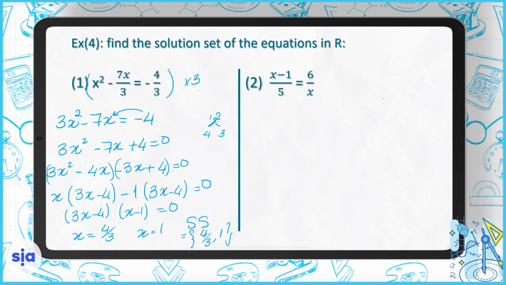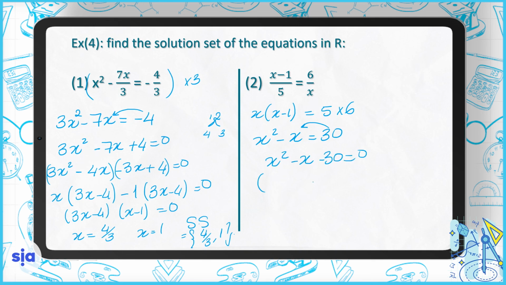For question 2, we can solve this by cross multiplication. So we have x multiplied by (x minus 1) is equal to 5 times 6. So x² minus x is equal to 30. If you move the 30 inside here, x² minus x minus 30 equals 0.